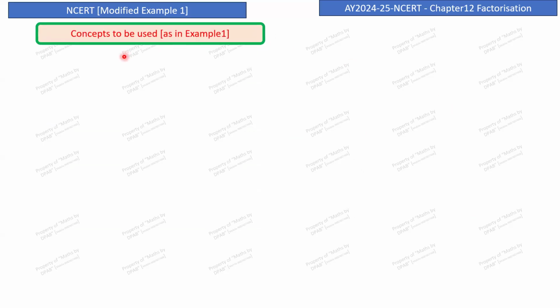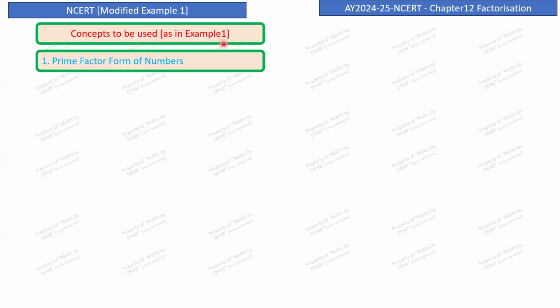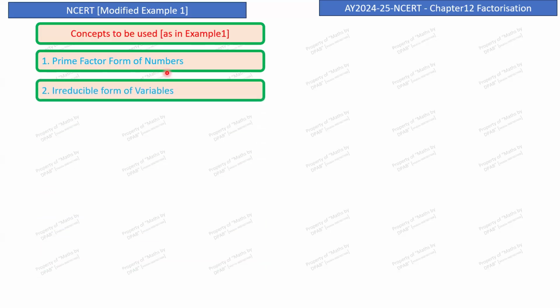The concepts to be used are what we actually used in example 1. Now, the same concept, prime factor form of numbers. So you are aware of prime factorization. From that, the prime factor form of a number can be written, which you have learned already.